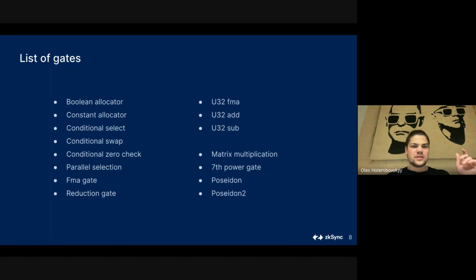But if you use, let's say, a Boolean allocator or other gates that don't have intermediate values and are much simpler, you cannot benefit from witness columns. Right, thanks.